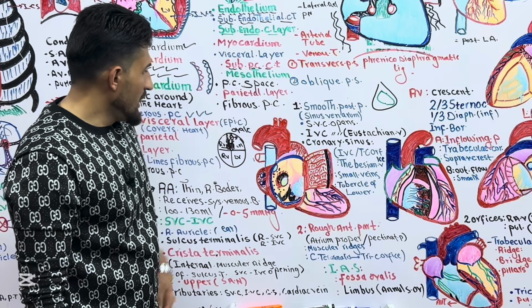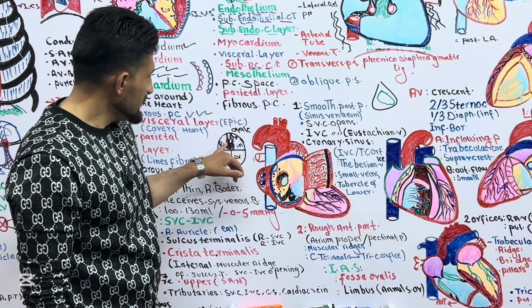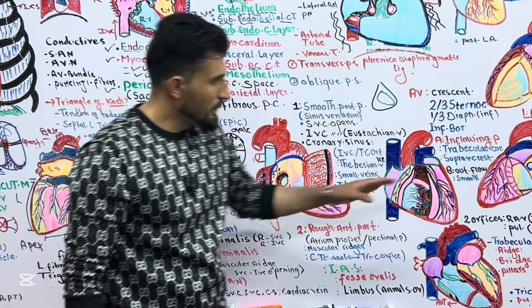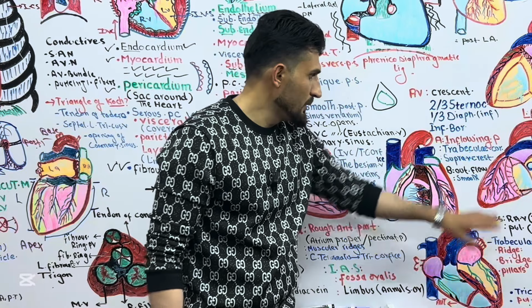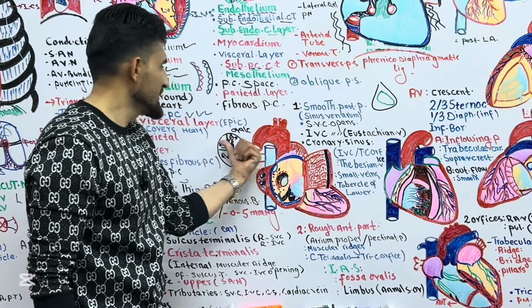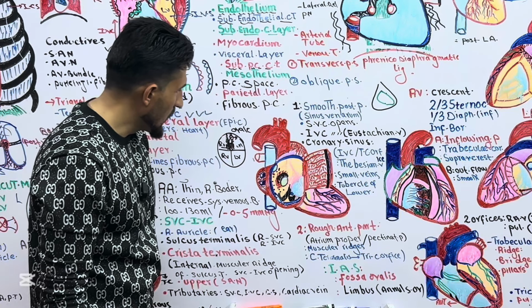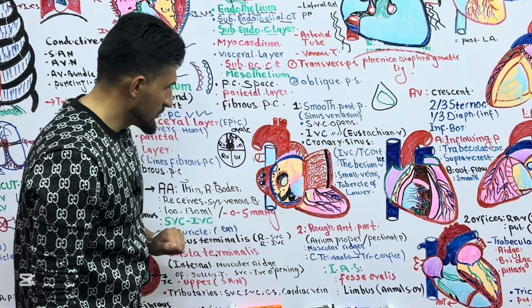Don't confuse it with the fossa ovalis. We can also see it from the left side, from the left atrium, which we'll talk about later on. So this was about the right atrium.